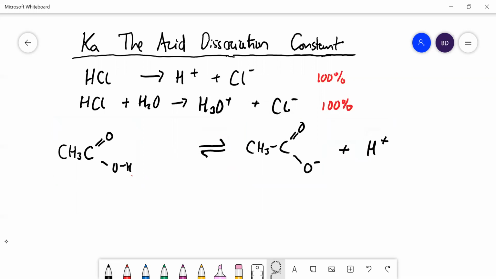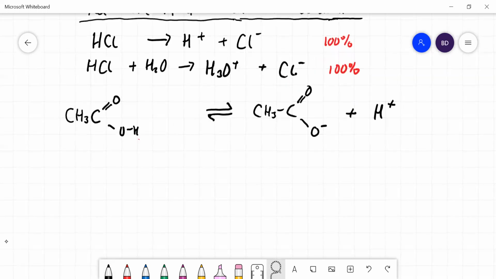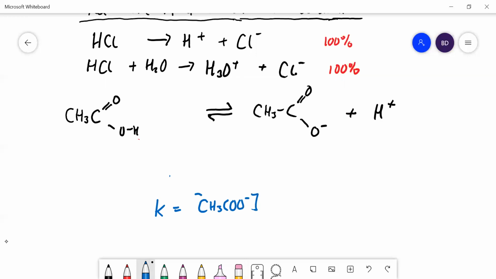If we wrote the equilibrium constant for this reaction, Kc, we would write K is equal to the concentration of CH3COO- multiplied by the concentration of the hydrogen ions, divided by the concentration of the ethanoic acid.